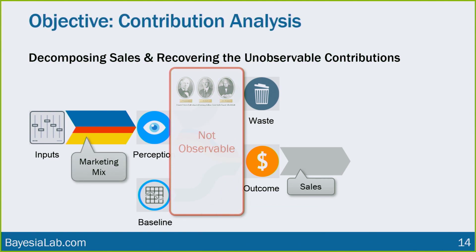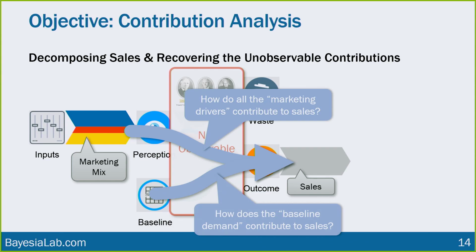Well, let me now translate that into our objective. And I want to be very explicit here. We want to now learn how the marketing drivers and the baseline demand contribute to sales. These flows we want to understand, and precisely understand the proportions in which they contribute towards sales.